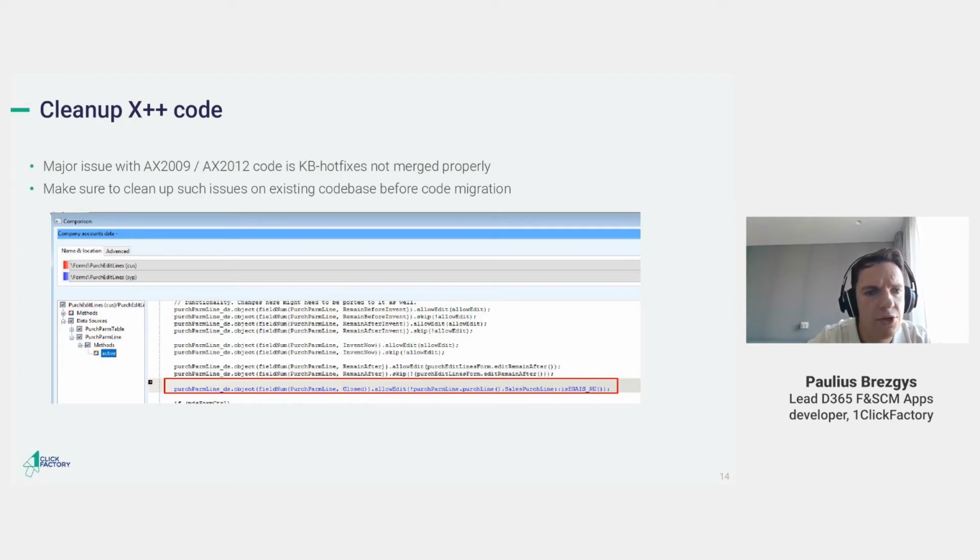There's a major issue that the KB hotfixes, basically cumulative updates from Microsoft, are imported in an application because somebody wanted some fix, and they are not merged properly into your customization layer. And I have a screenshot right here on the screen with a perfect example of it.